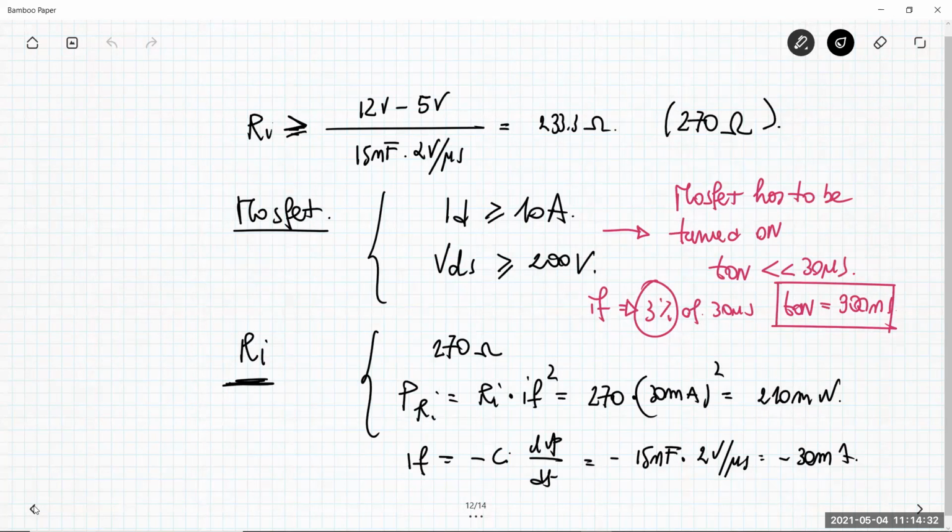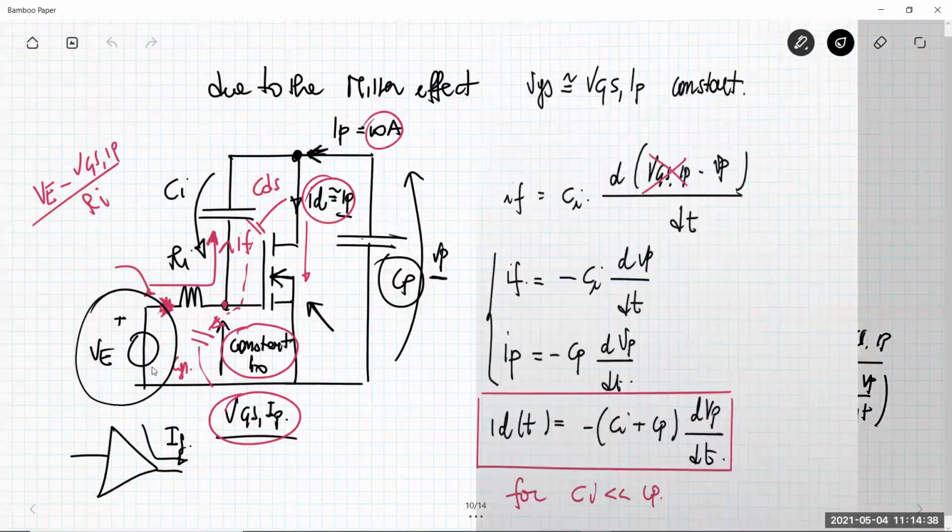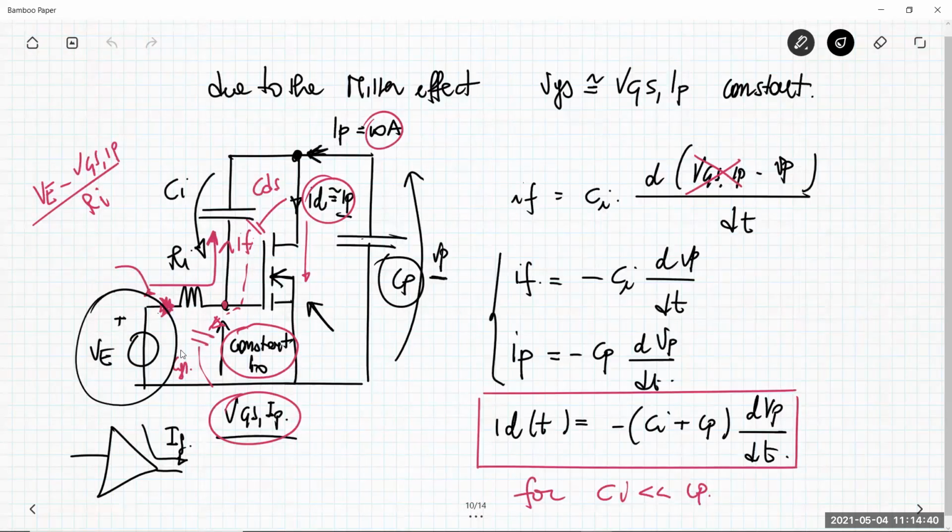It's not instantaneous. You put a command at the control port of your transistor, in this case the gate-source port of your MOSFET, and at the time instant at which you put this command, for example to turn on your transistor, the time at which the transistor effectively turns on is not zero.